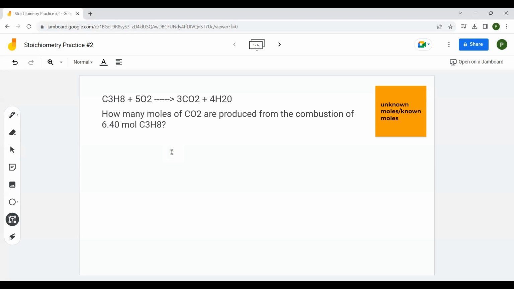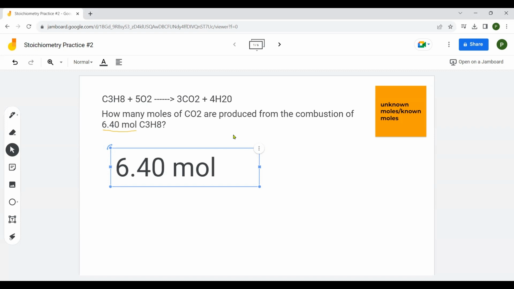of C3H8. So our very first step, we're going to take this piece of information right here, our 6.40 mole, and jot that down.